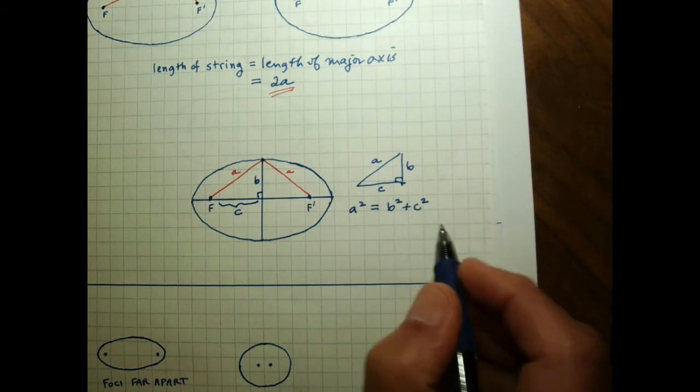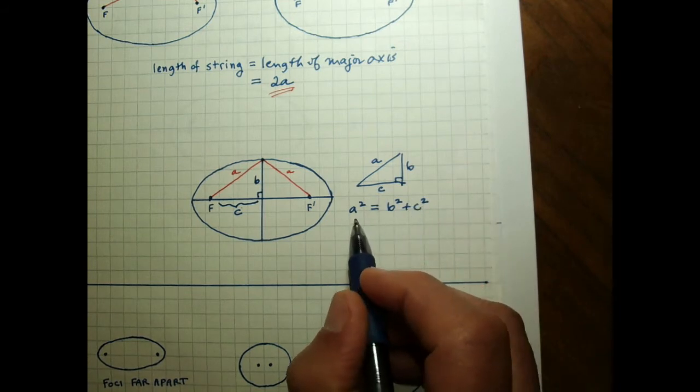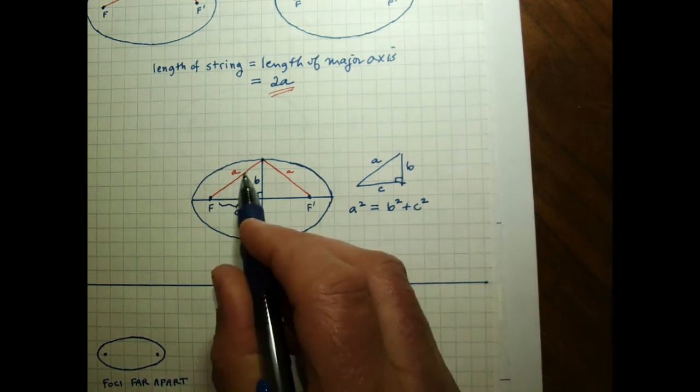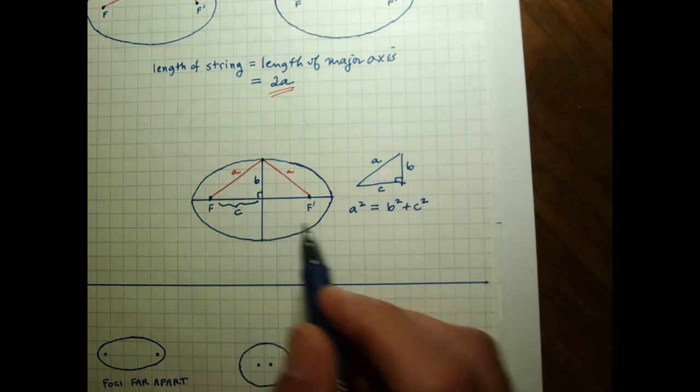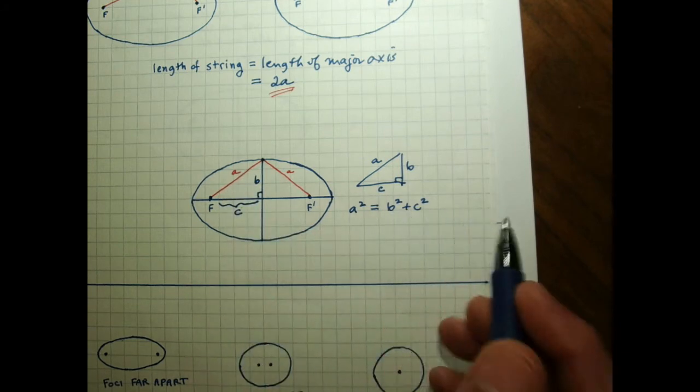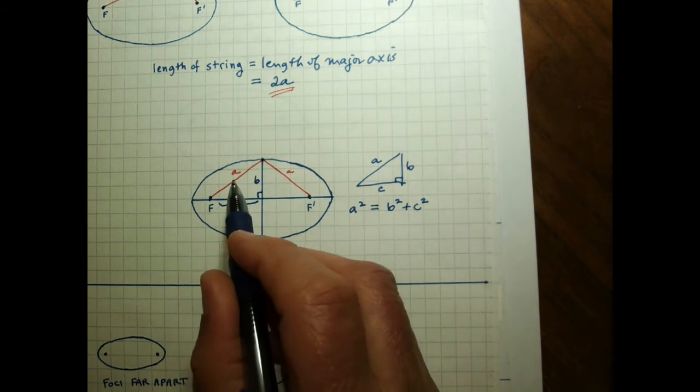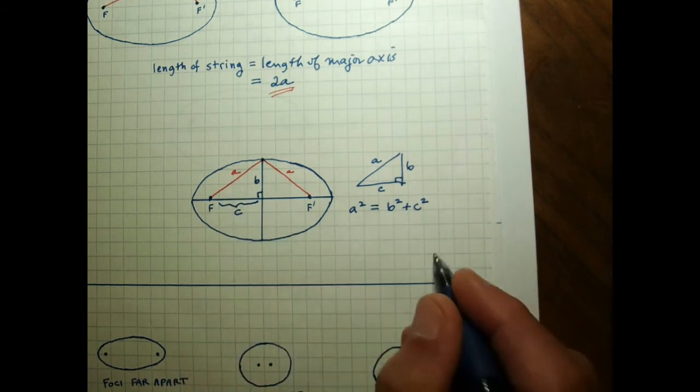And notice though that the hypotenuse is A, so often in geometry classes we tend to call the hypotenuse C. That's not the case here. A is the hypotenuse, C and B are the legs.